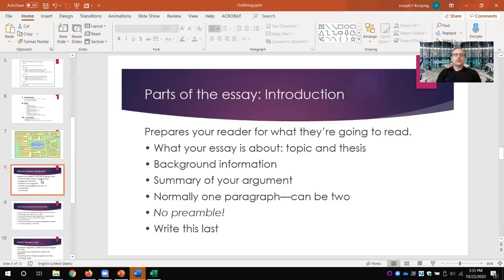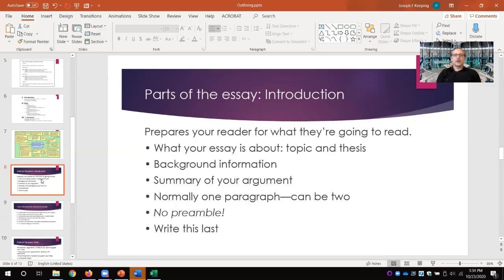Remember, the introduction is a summary of what's going to come next. Summary of what's going to be in the body of your essay. But you can't be sure what's going to be in the body of your essay until after you've written the body of your essay. So it only makes sense to do the introduction last.